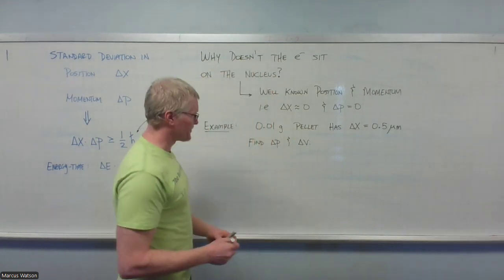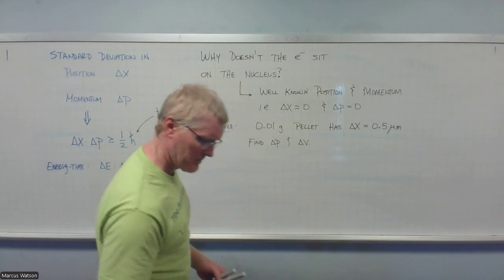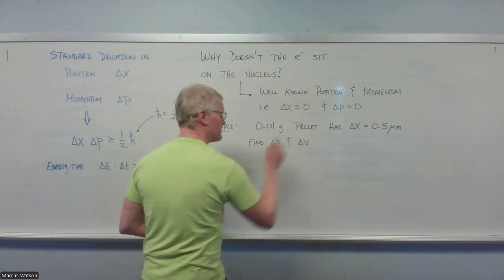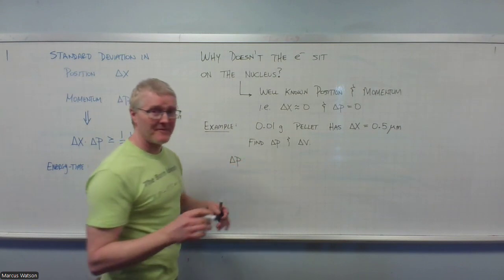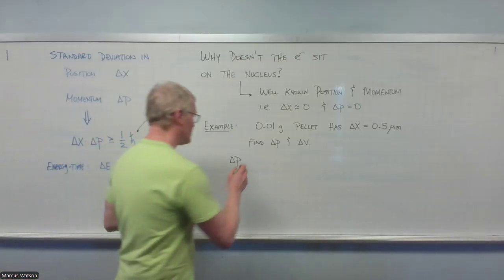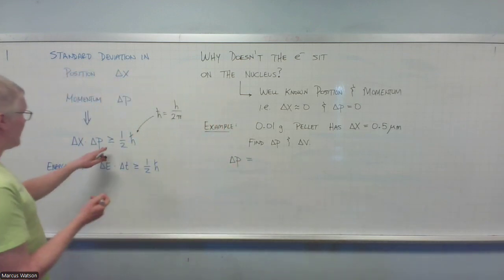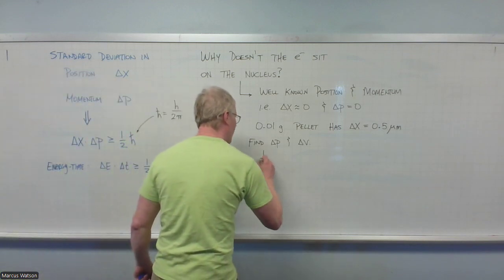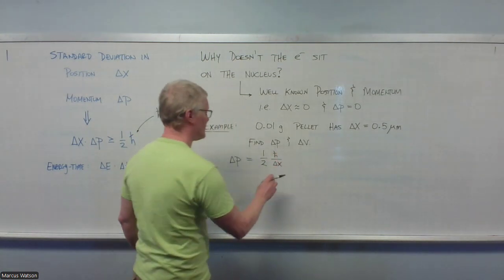So let's figure this out. If I have a delta x of 0.5 microns, my delta p at the very minimum, notice that this is greater than or equal to, so let's just set it equal to because that's the minimum that we're going to get. I'm going to swing the delta x underneath here and say that this is 1/2 of h bar divided by delta x.